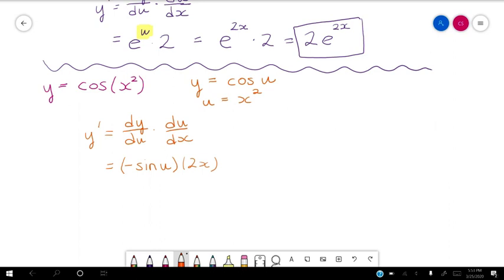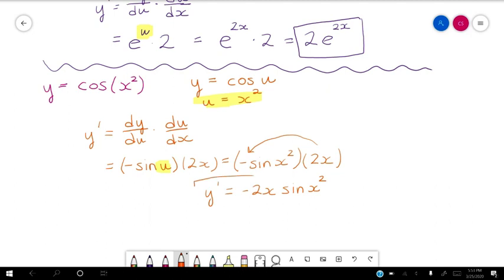We started with x's, so we have to end with x's. And we see that u is equal to x squared. So let's make that substitution. And I'll rearrange some terms too. I'm going to put the 2x in front of the sine. Okay, and then there's our derivative using the chain rule and our trigonometric derivatives.